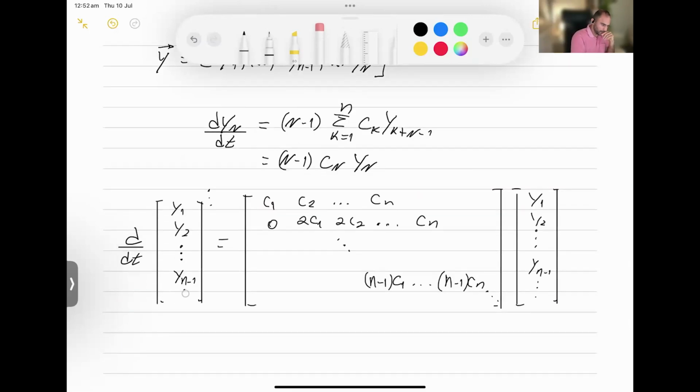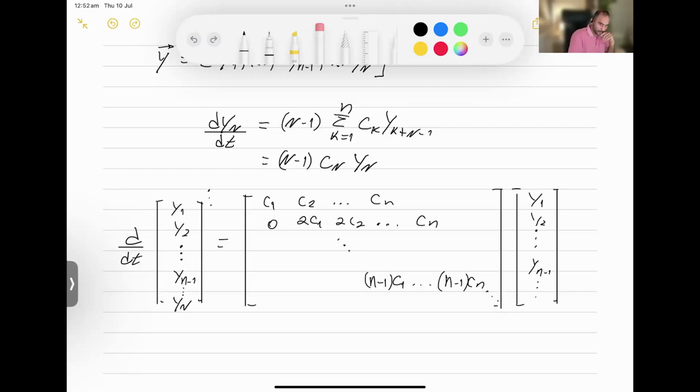You're going to end up with the case here, capital N here, and then I can leave this as it is.